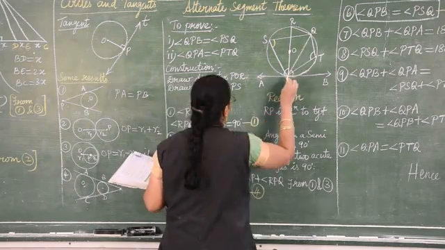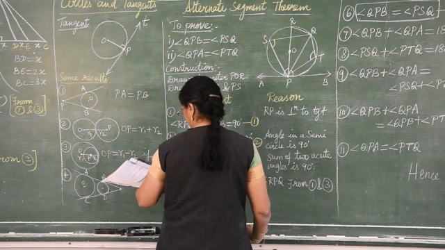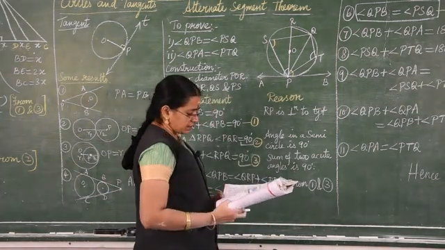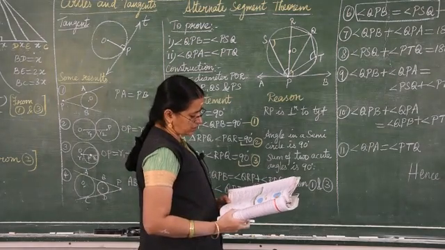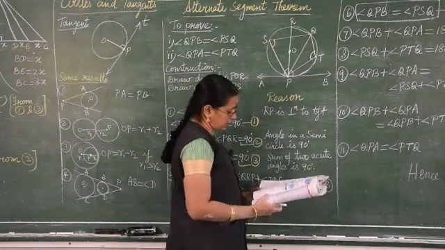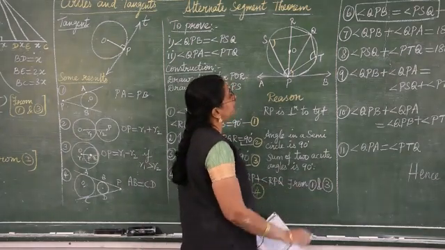Here PQ is a chord. The angles between the tangent and the chord are respectively equal to the angles in the corresponding alternate segments.